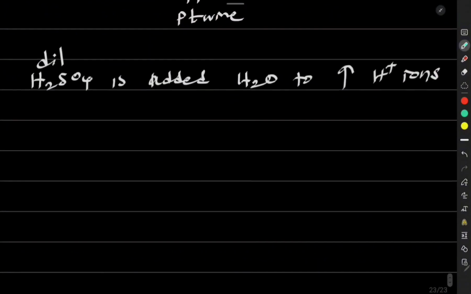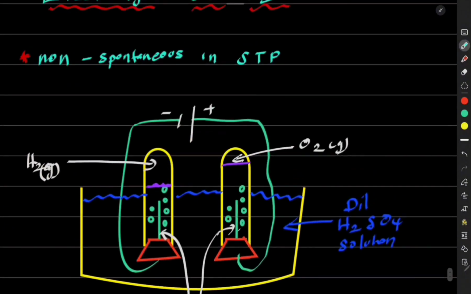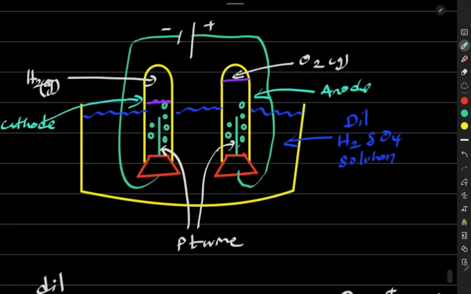Now let's look at the reactions at the anode. The anode means the positive electrode, the electrode which is connected to the positive terminal. And this is the cathode, which is connected to the negative terminal.